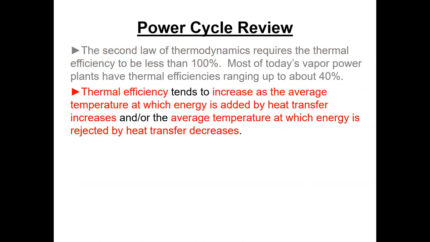So if we can get the energy to come in at a higher temperature, even the same amount of energy, all other things being equal, it will increase the cycle efficiency. Or the flip side of that, which does the same thing, if the average temperature at which energy is rejected in the condenser by heat transfer decreases.